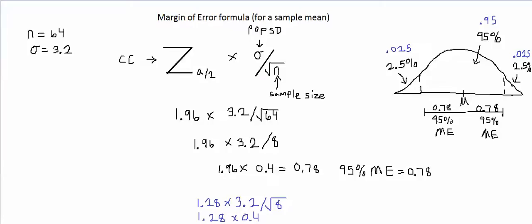Oh, I'm sorry, this is actually the square root of 64, because remember, it's the square root of my sample size, which is 64. So this whole piece right here is supposed to be the same thing that we had up here, and this whole thing becomes 0.4.